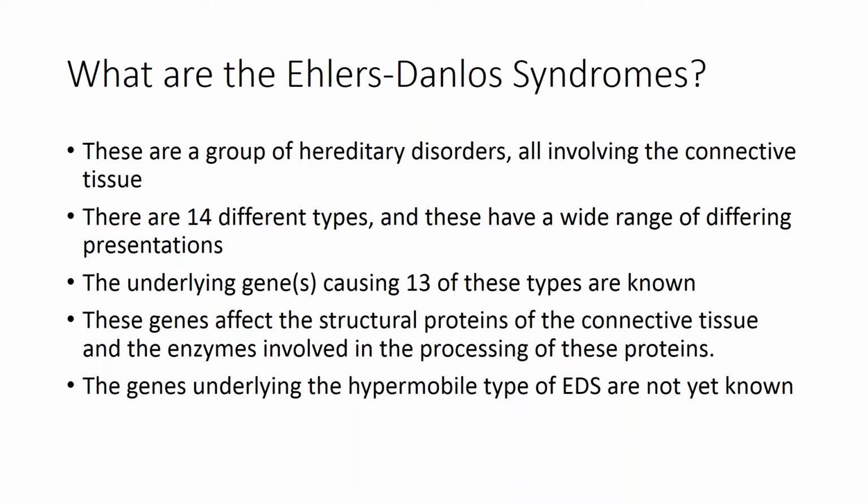The underlying genes for 13 of these 14 types are known, but the genes, we believe, underlying the hypermobile type of EDS are not yet known. The genes that we recognize involving the 13 known types affect structural proteins of the connective tissue and the enzymes involved in processing of these proteins.